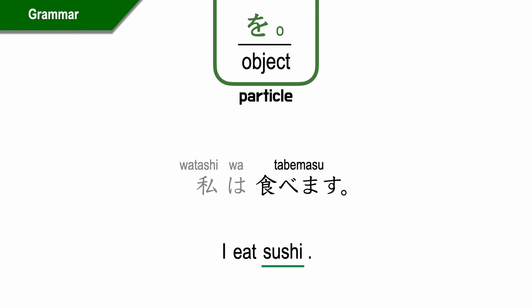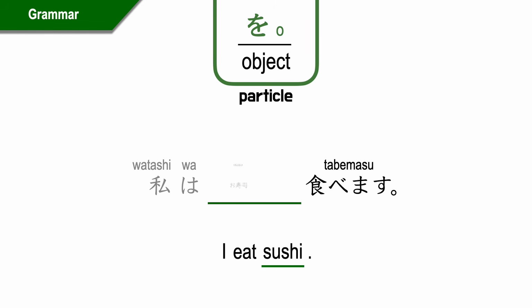I eat sushi is お寿司を食べます. So, the を particle is put after the direct object of the action, and it indicates that the direct object was affected or acted upon by the action. Usually, the word that comes right after the verb in an English sentence is marked with the を particle.